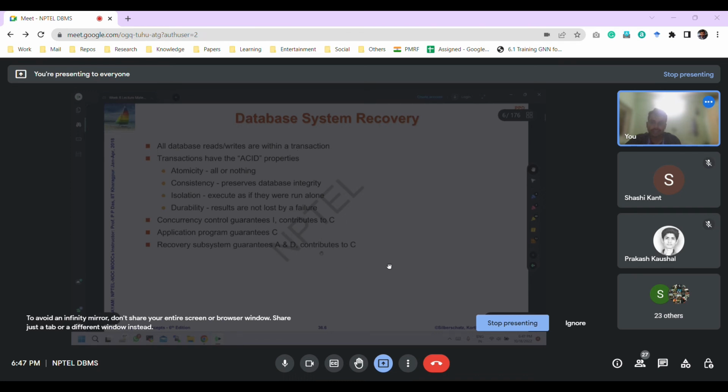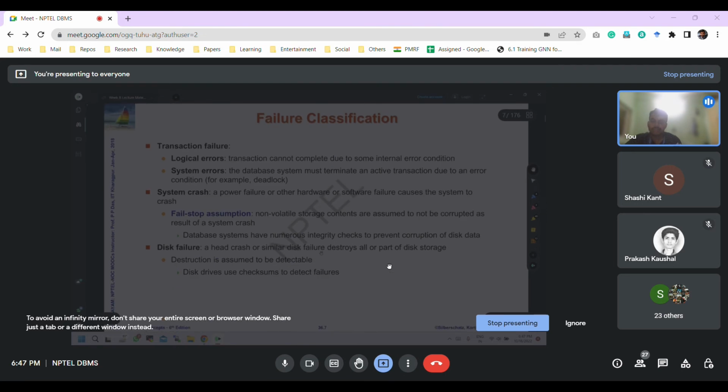Okay, there were some kinds of errors they have covered. If there is a transaction failure, there are two kinds of transaction failures. First is logical error, meaning there is an internal error and the transaction was not able to complete. Then there is system error, meaning if there is a deadlock, the system has to actively terminate it.